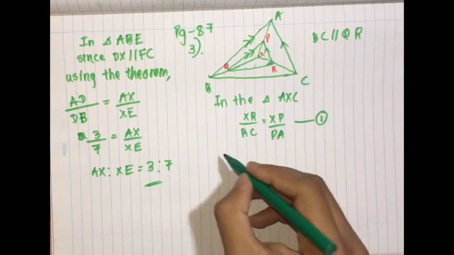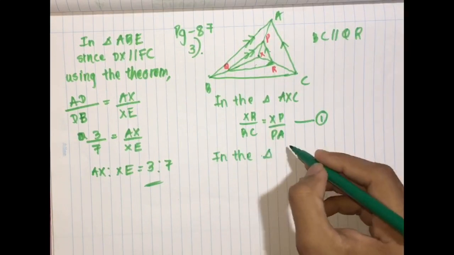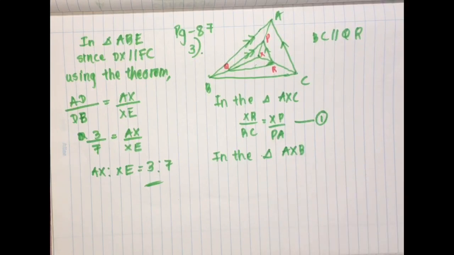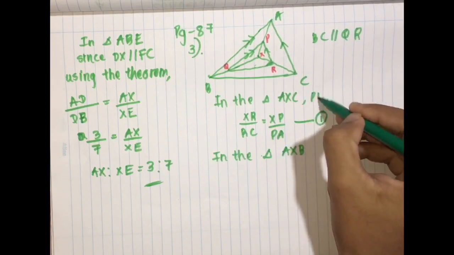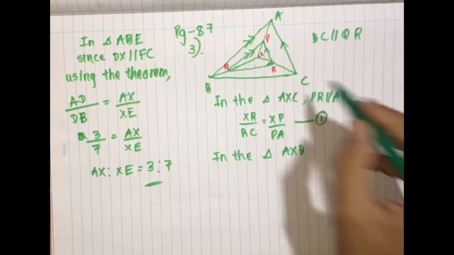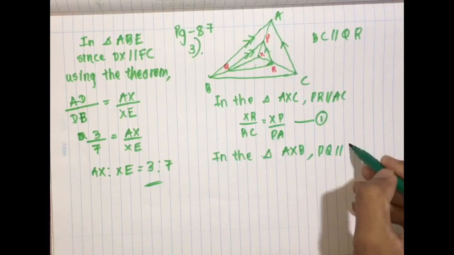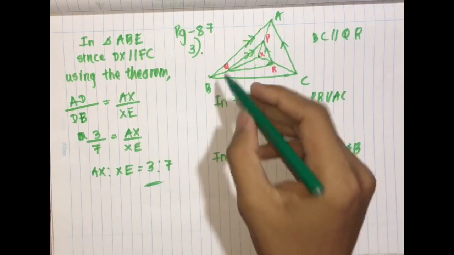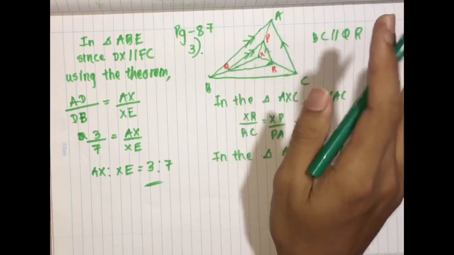Now I'll go to the other triangle, AXB. Here, PQ is parallel to AB. Since these two are parallel, this line cuts the other two sides in the same ratio.